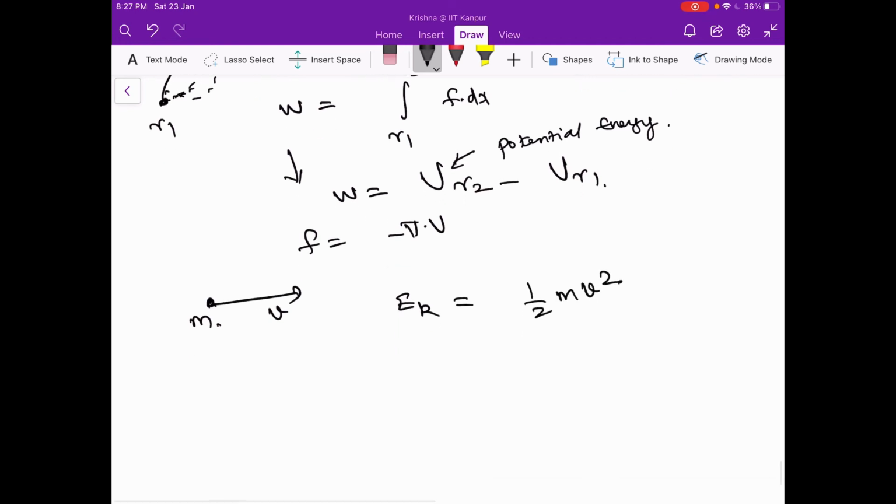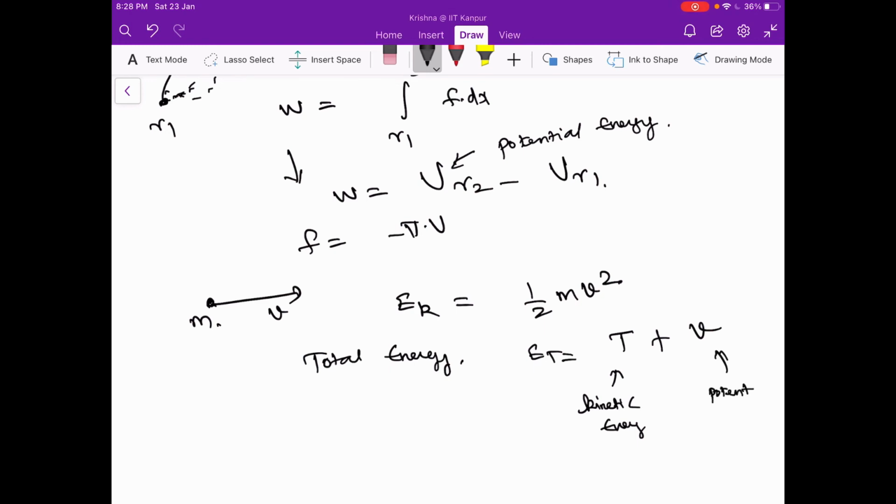So the total energy in Newtonian physics is T plus V. T is called the kinetic energy, V the potential energy. This is where the work done does not depend on the path that is taken, and T is the kinetic energy when the particle moves with a particular velocity, right?